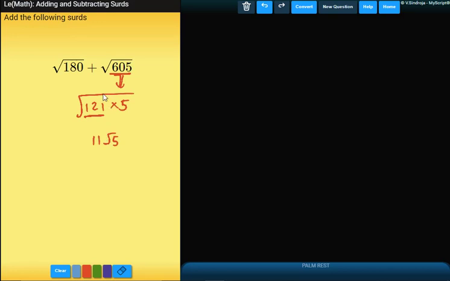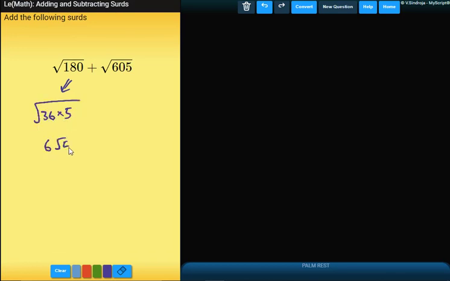Now I suspect that if I want to add these two surds, this one's going to have a root 5 in it as well. So let's take 180 and divide it by 5. 5 goes into 18 3 times, the remainder is 3, and then 5 goes into 30 6 times. So this surd is equal to 5 times 36 square rooted, and that's equal to 6 root 5.